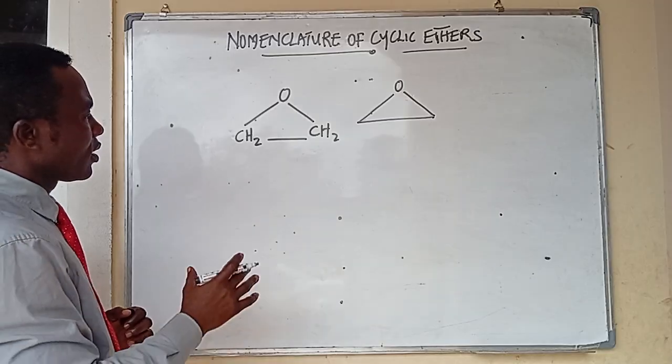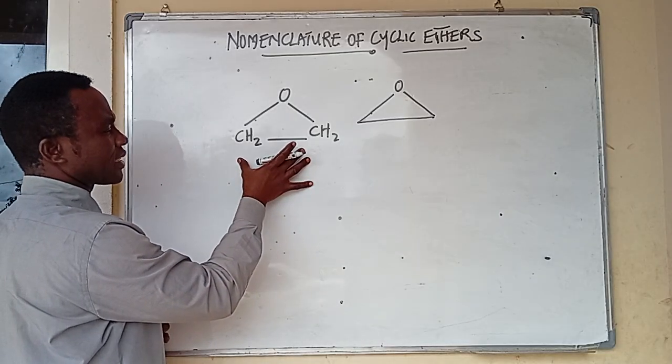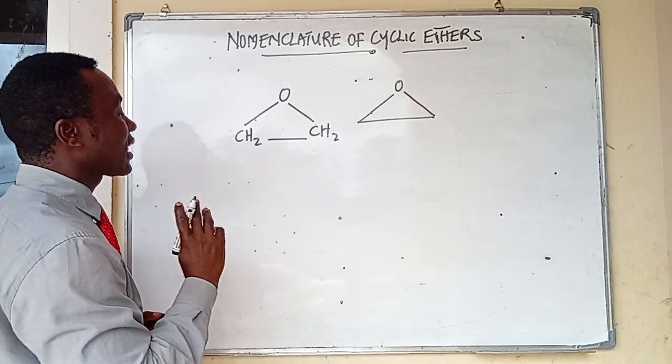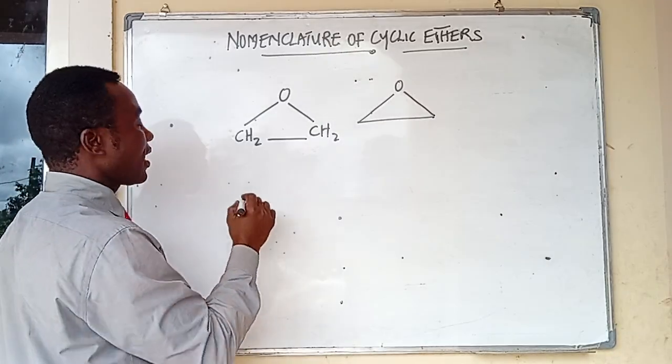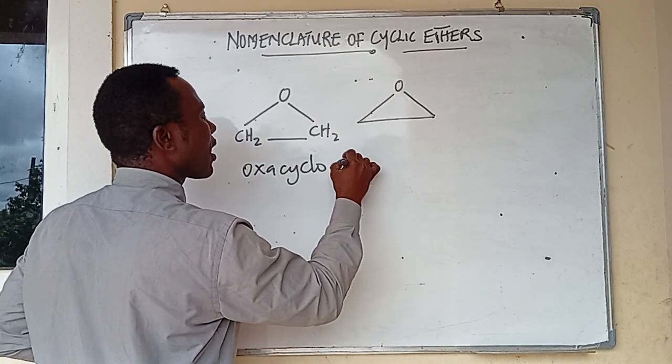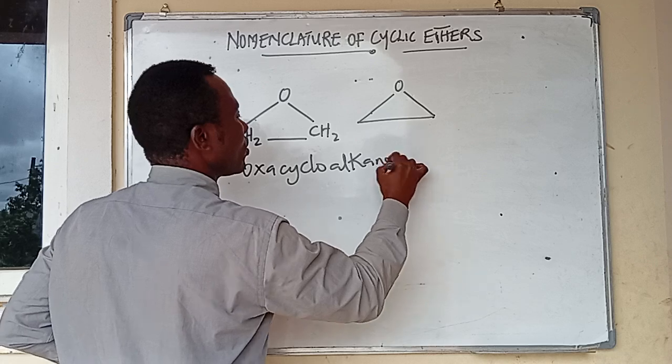Now, if you want to name this compound, which is a cyclic ether, you must understand that we name cyclic ether as oxacycloalkanes.